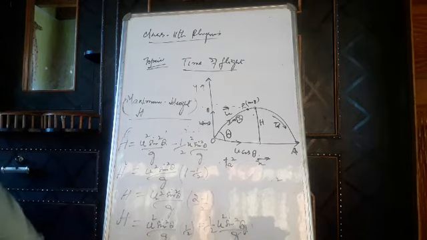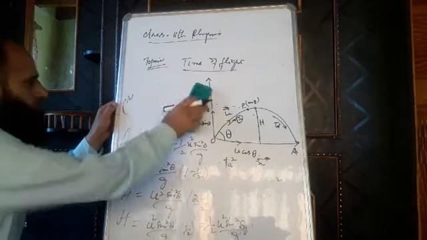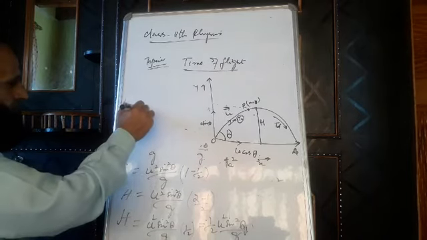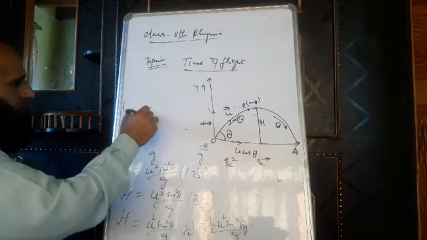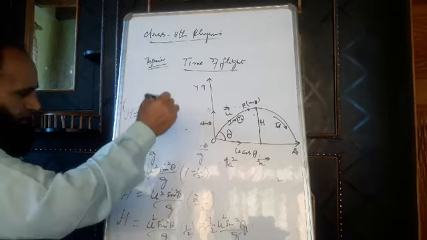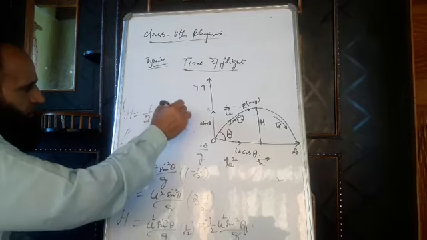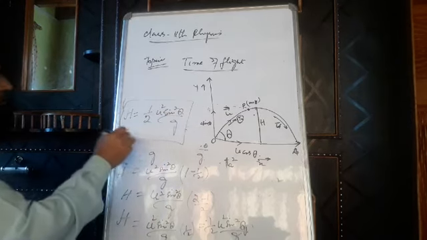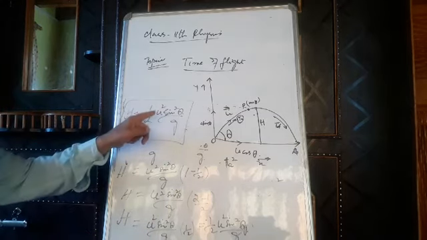This h would be equal to 1 half u square sine square theta divided by g. We can find this maximum height also if theta is given and u is given.